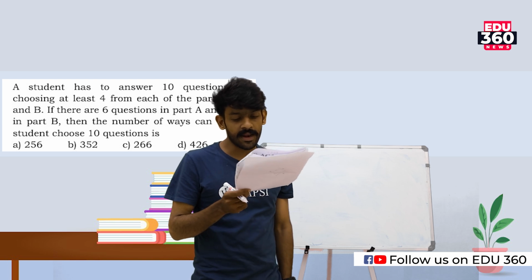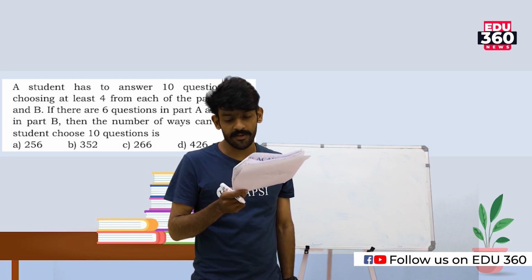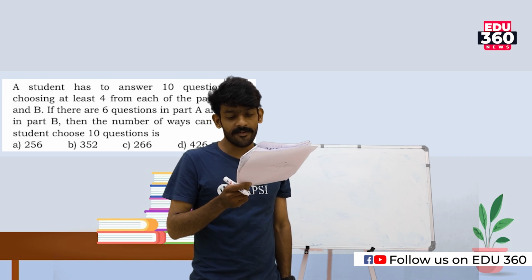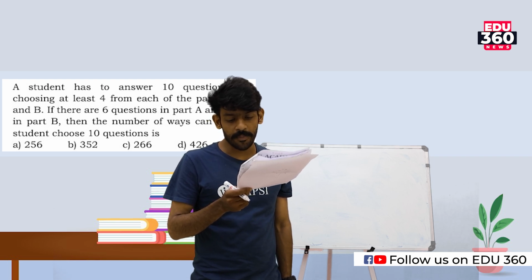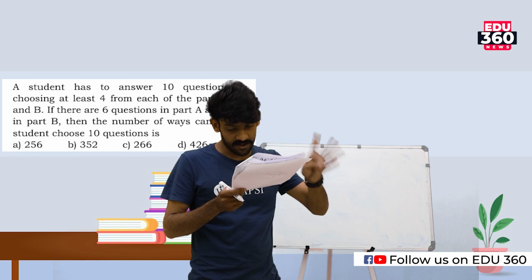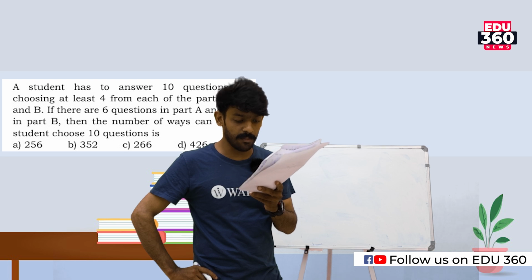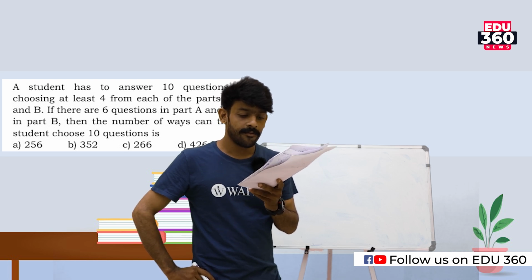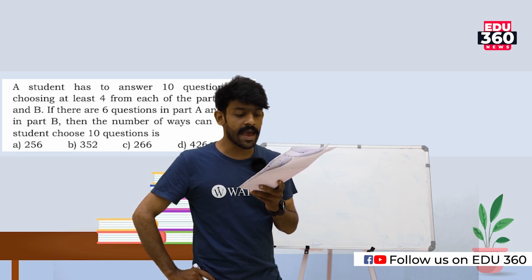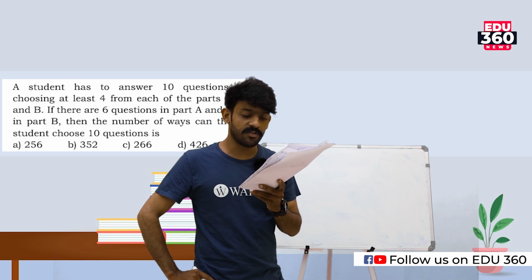The question is: a student has to answer 10 questions, choosing at least 4 from each of the parts A and B. Choosing at least means minimum, at least 4 from each of the parts A and B. If there are 6 questions in part A and 7 in part B, then in how many ways can the student choose 10 questions?